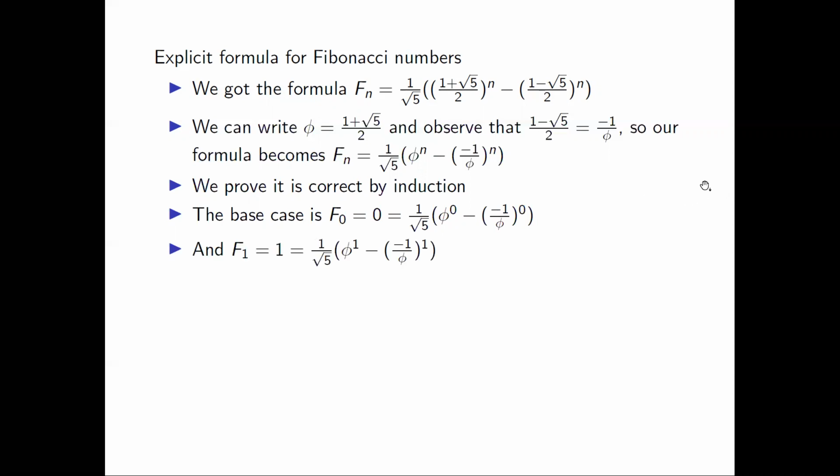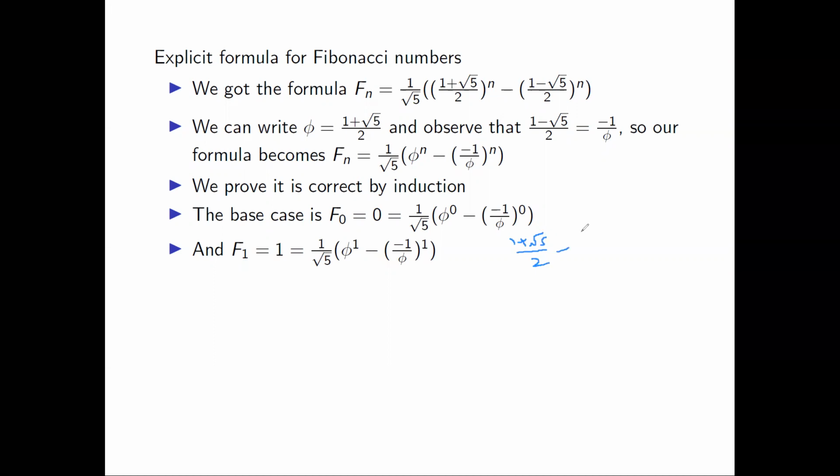F sub 1, that is 1 by definition, and we can check to see that that's equal to 1 over the square root of 5 times phi to the 1 minus negative 1 over phi to the 1. So we can check that right now. We can see phi to the 1 is 1 plus the square root of 5 over 2.